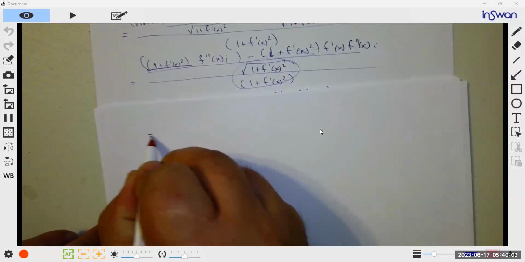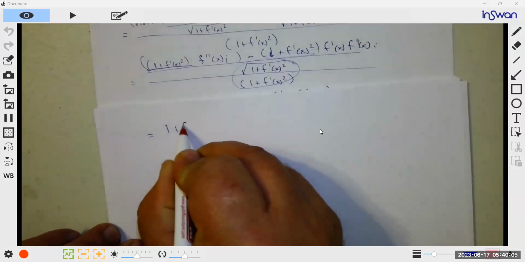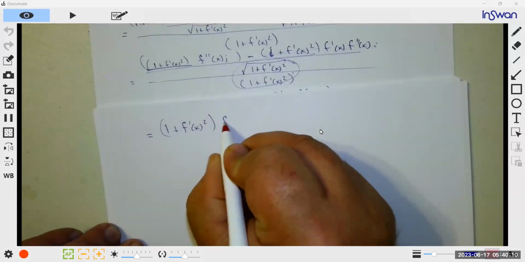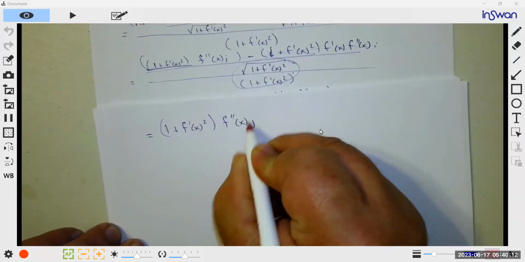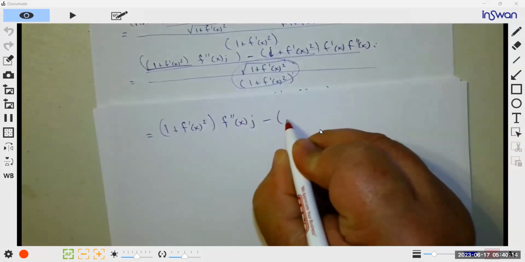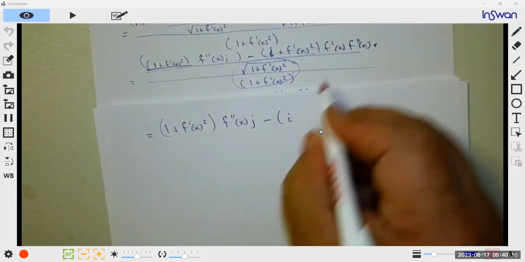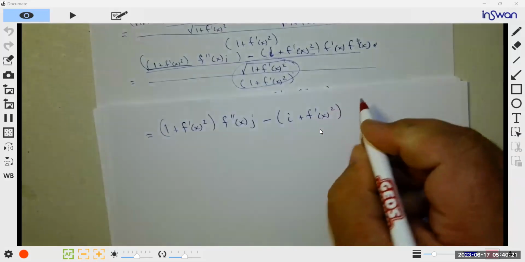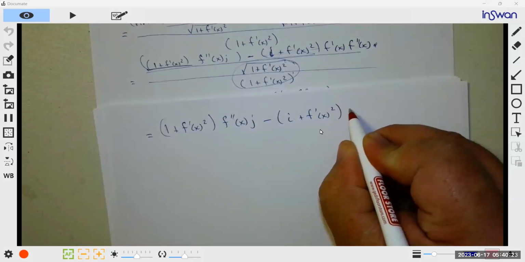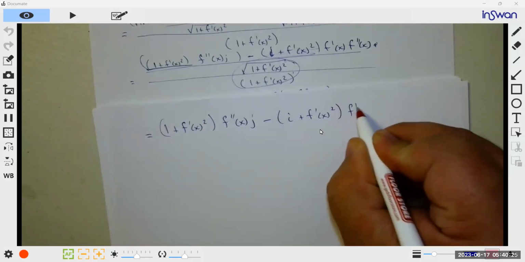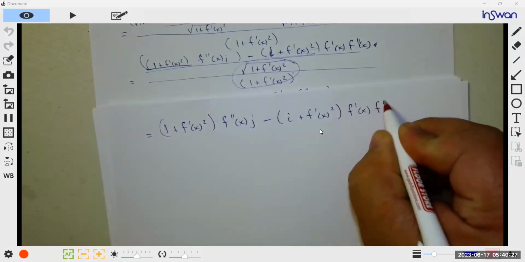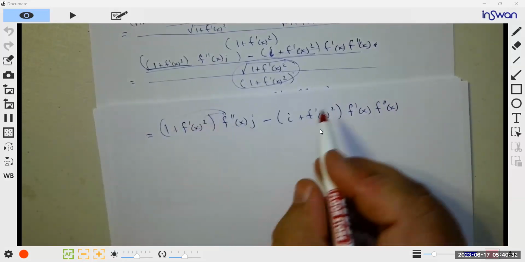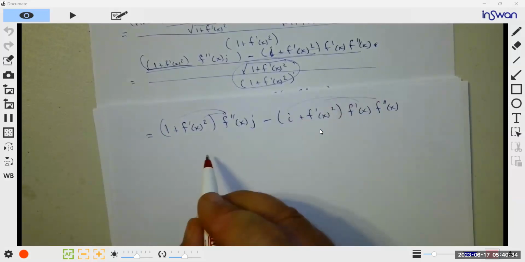So I have 1 plus f prime of x squared times the f double prime of x j minus i. There's no i there yet. This is just the top.